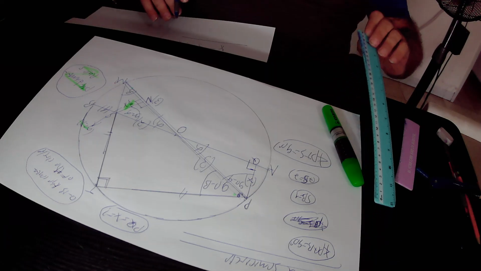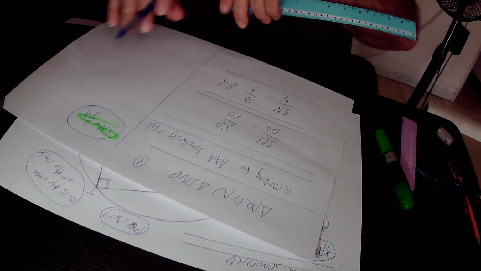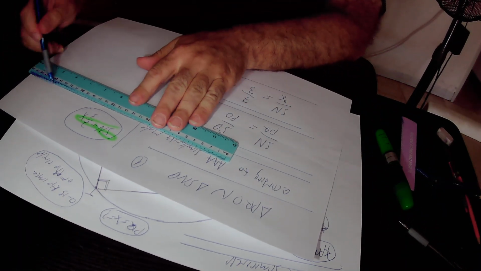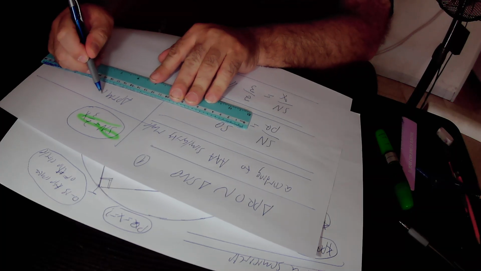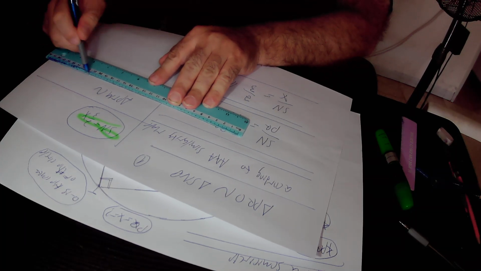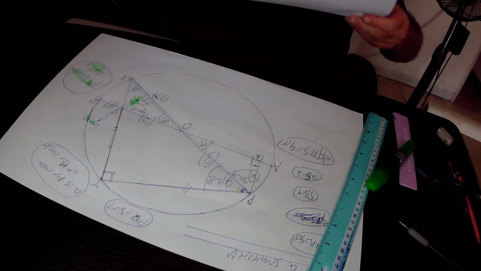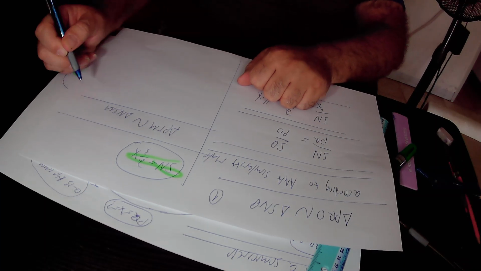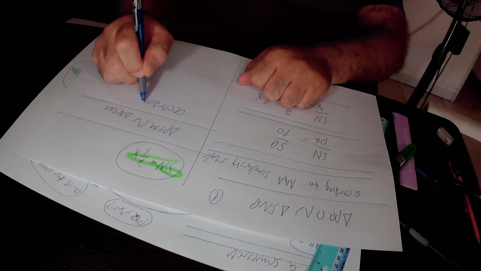We found that the big right triangle PTM is similar to the small right triangle NSM, according to the angle similarity rule.